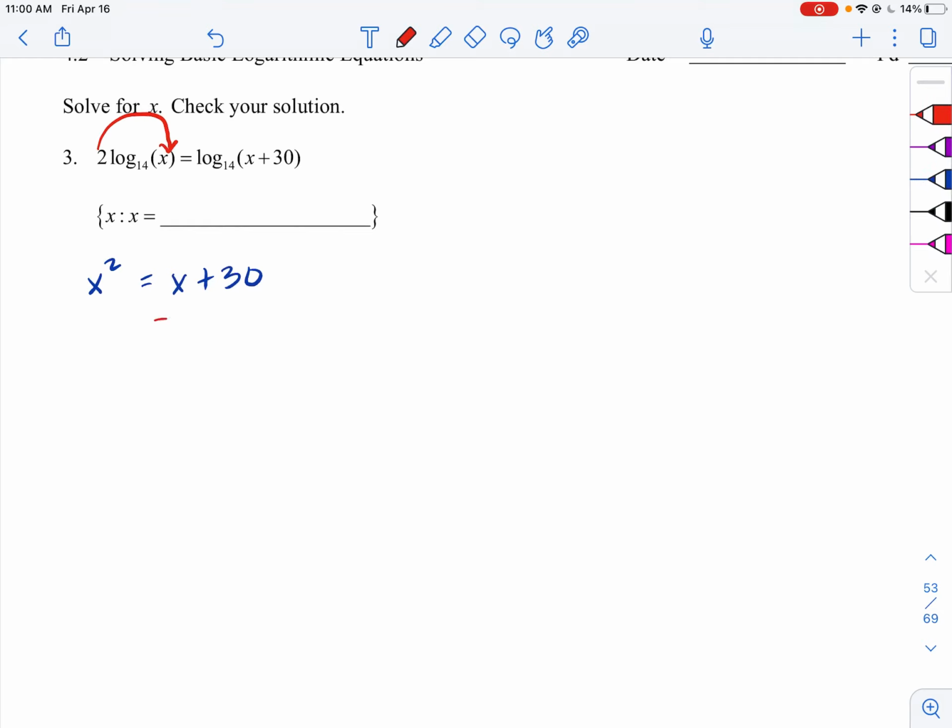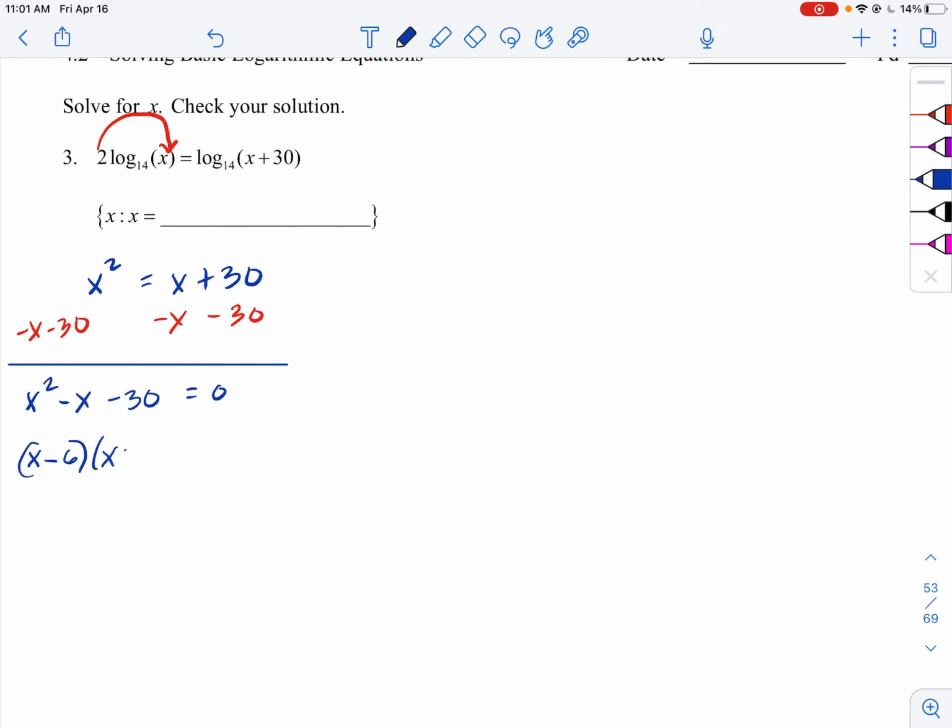So I'm going to subtract x and subtract 30, and I'm going to have x squared minus x minus 30 equals 0. Not bad. So this is x minus 6 and x plus 5, right?